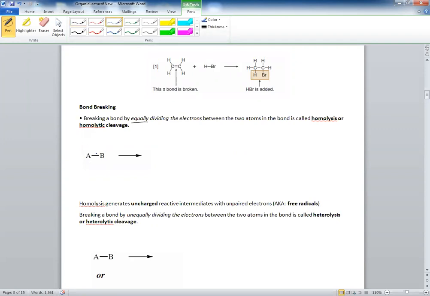So watch how it looks. This bond is composed of two electrons. It's a pair of electrons. I used these fish hook, or single-headed arrows. And this is the transformation that actually occurred.